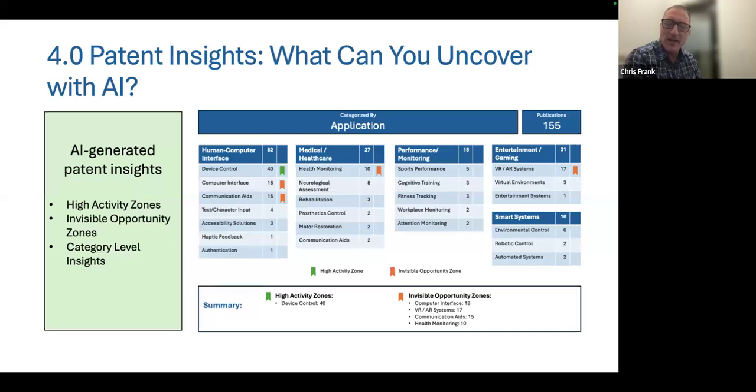The invisible opportunity zones are where you can really be the leader in that space, because others have to focus on device control. They can't afford to, and they're not as focused because they don't understand the patent landscape. They don't understand how much more ability filing 1 or 2 or 3 extra patents gives them to control that space, because they don't know what this invisible opportunity space looks like, because they haven't looked at the patent landscape to the level that you have.